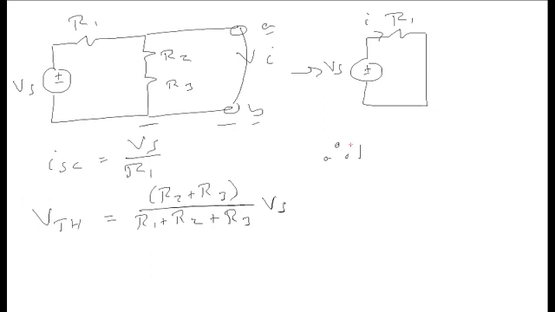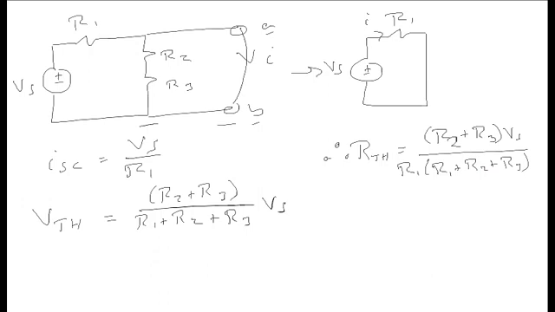Therefore, RTH is given as, it's a little bit more of a complex expression we might say, R2 plus R3 times Vs over R1 times R1 plus R2 plus R3. Where did that come from? Well, VTH is this. We're dividing it by ISC, which is V source over R1, so we have VTH divided by ISC.